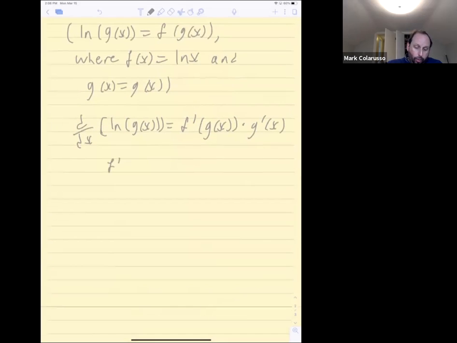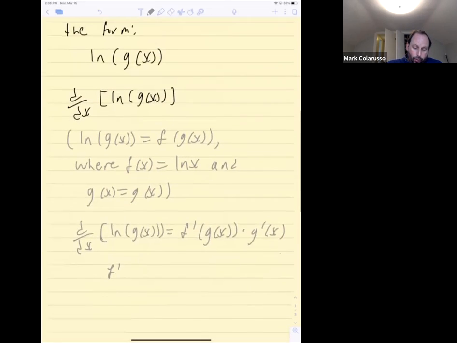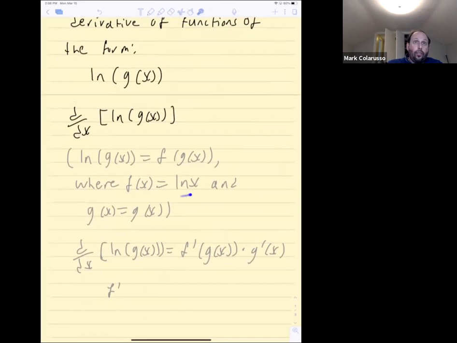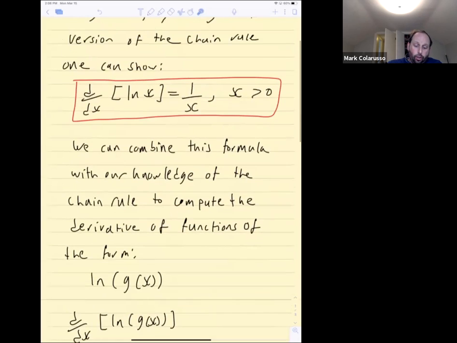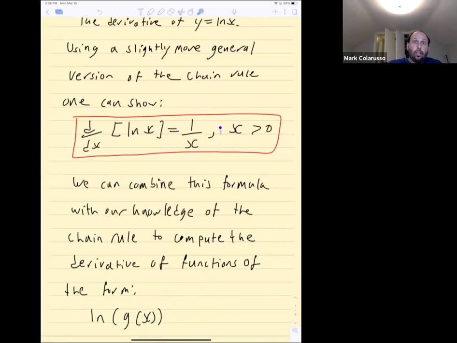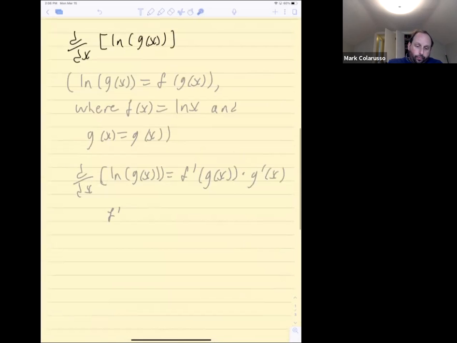And of course, from what we said above, the derivative of ln is just 1 over x.